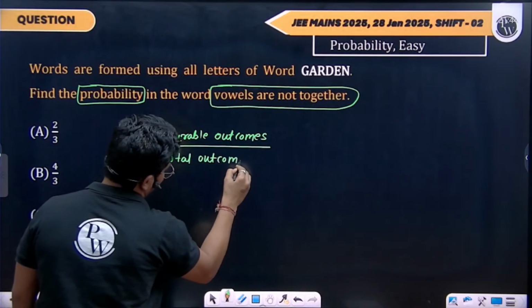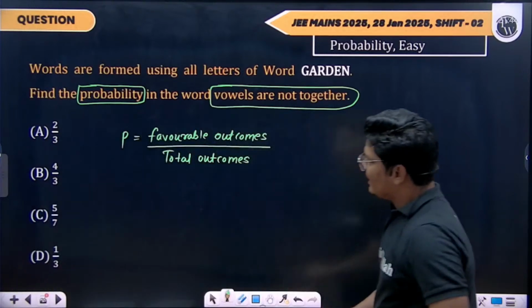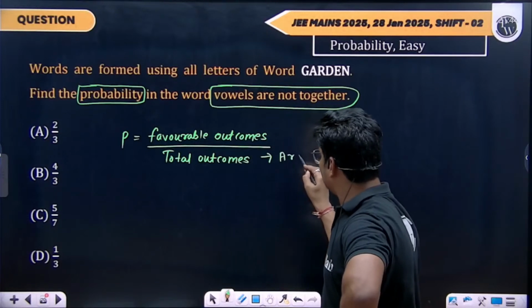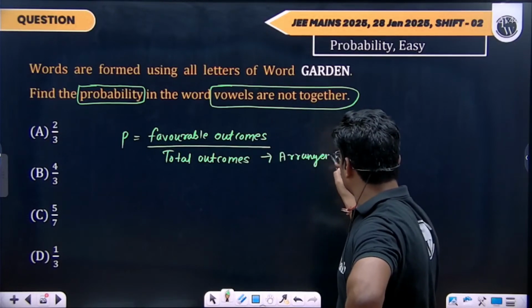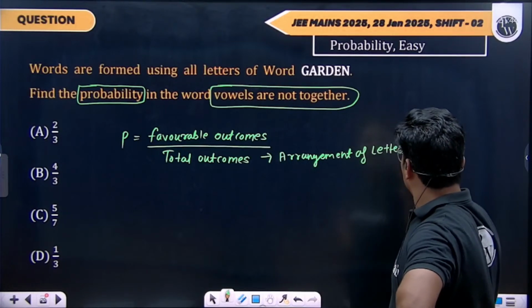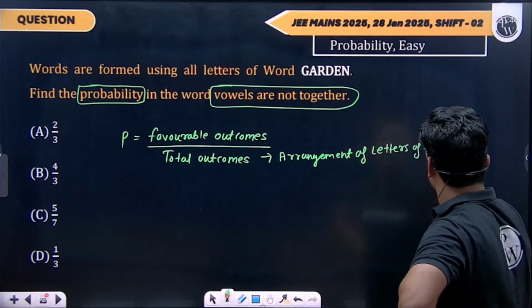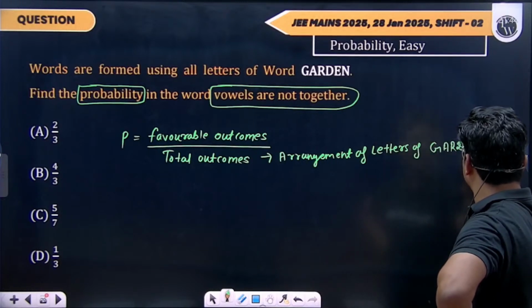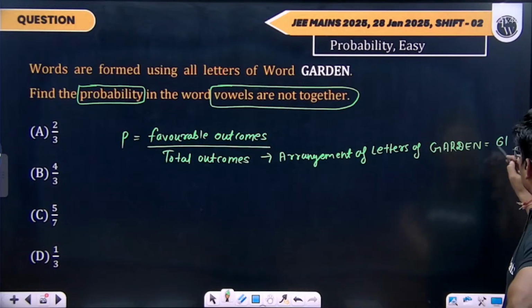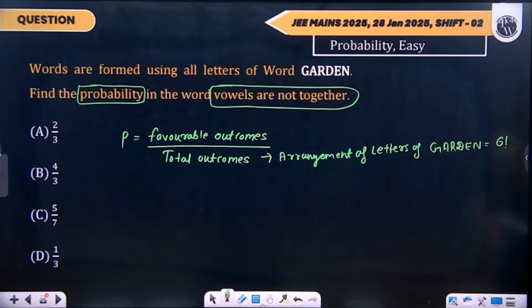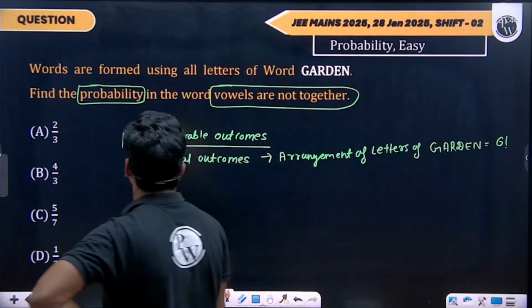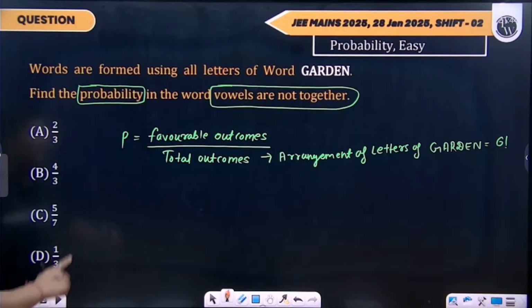So here we have to find total outcomes. So total outcomes will be arrangement of letters of GARDEN. So that will be 6 factorial. Why 6 factorial? There are 6 letters and their arrangement will be 6 factorial. And for favorable outcomes we have to find the arrangement where vowels are not together.